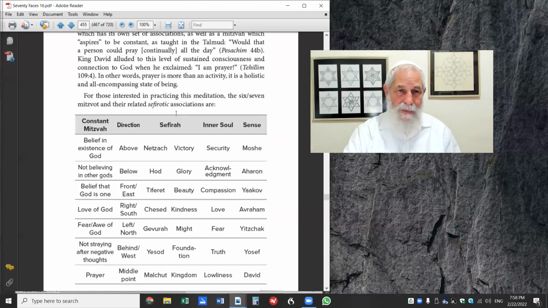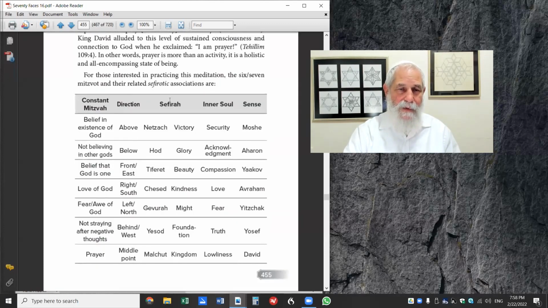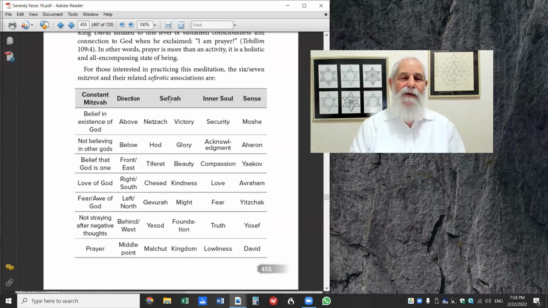This also we learned. If you remember, we went through the idea of living in divine space, of taking the 6 constant mitzvot as taught by the Rambam, and connecting each to a sefira, to a direction, to the inner sense of each of the sefirot, and to the personality who represents, or is what's called the Merkava, the chariot of these energies.